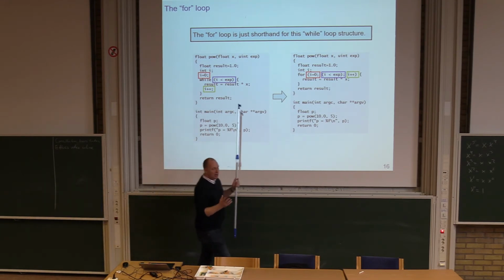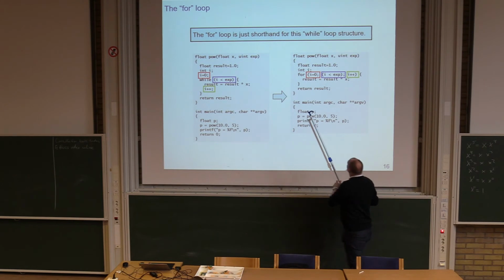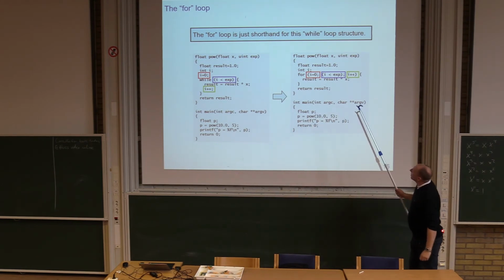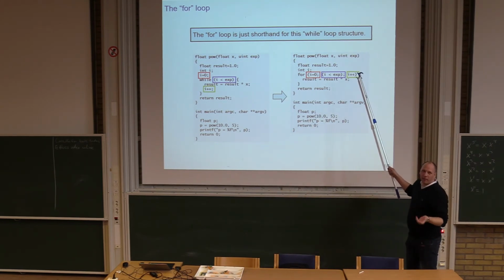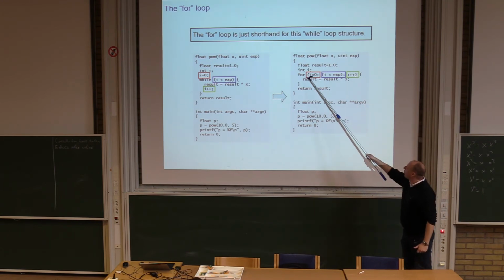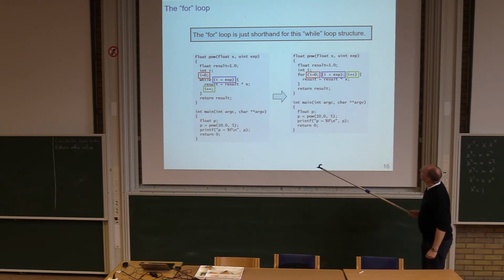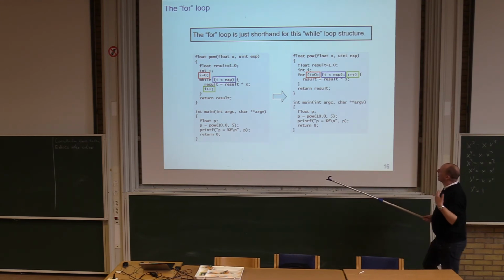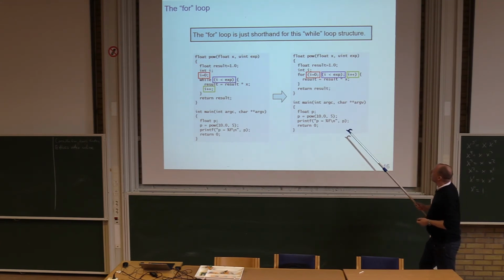But in C, and in Java as well for those that have programmed it, if you work with arrays, for example vectors, it's quite convenient to write a for loop instead. If you have an array and you would like to do something on every element, you typically use a for loop.